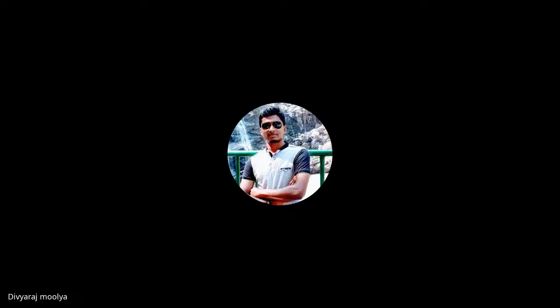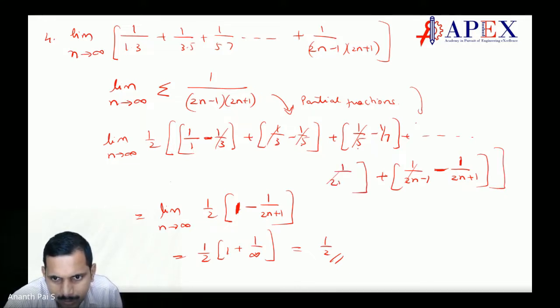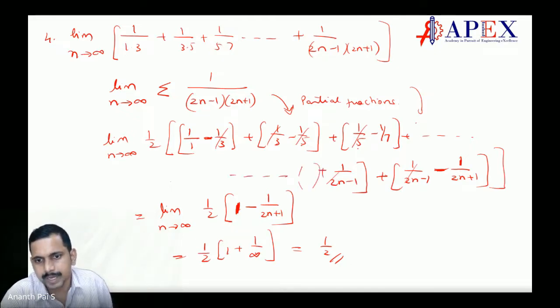Sir, I mean like this 2n minus 1, that is just for the reference of the nth term, no? Like it's still going on, it seems. See here, what happens? 1 by 5 is here, 1 by 5 is here, is it not? So what would be here? 1 by 2n minus 1, correct? And something over here, and that will cancel. Minus here, I'm sorry, minus.